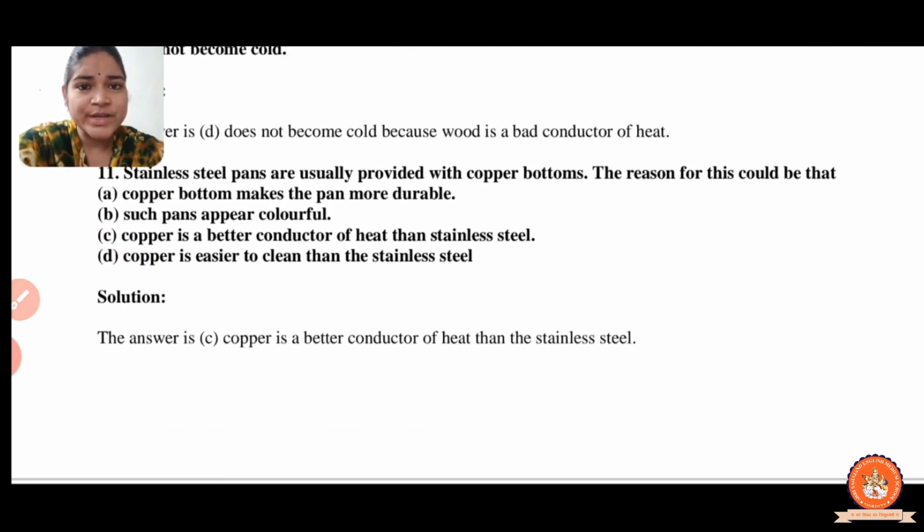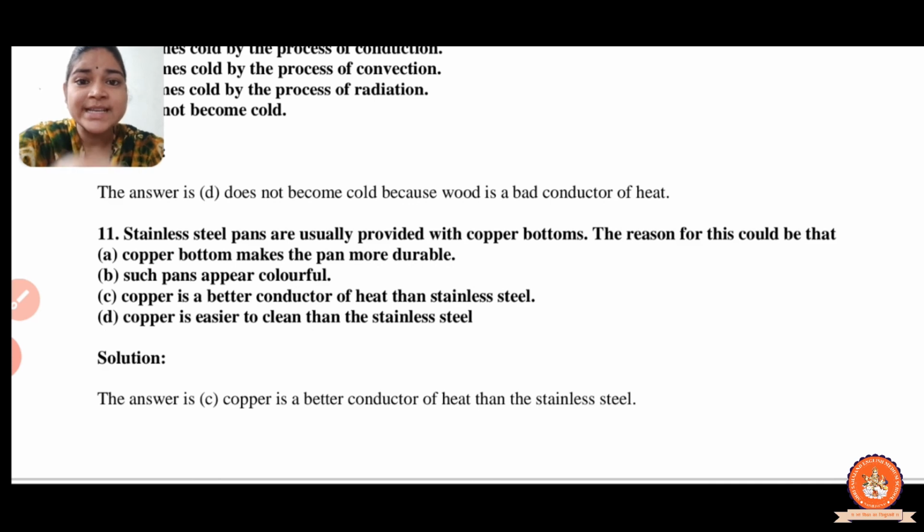Now the last question from this chapter is: stainless steel pans are usually provided with a copper bottom, and the reason for this could be that... what is the reason? I think you have observed it in your kitchen.